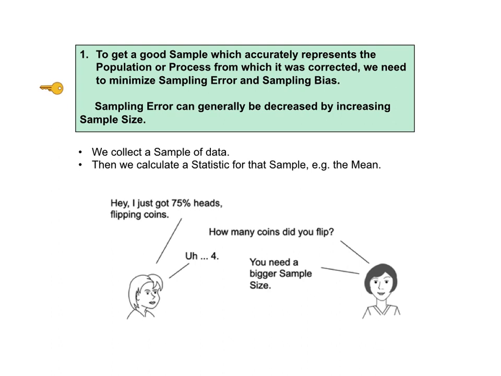We know, for example, that flipping a coin should result in 50% heads and 50% tails. If, however, we flip the coin only 4 times, we could easily get a very different result, as shown in this illustration. If you only flip a coin 4 times, your result is more likely to not have an even number of heads or tails than it would have with a much larger sample size.